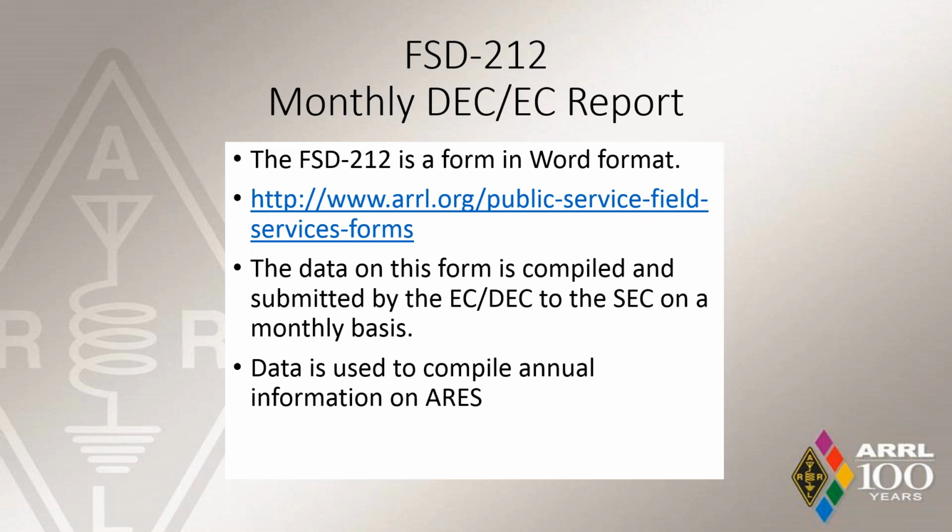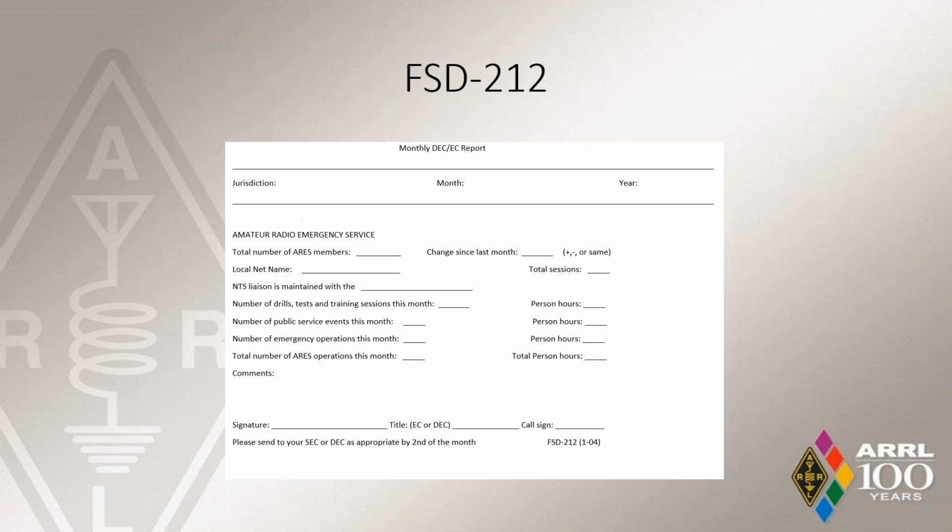Now, the data on this form is submitted by the ECs and DECs on a monthly basis to the SEC. And as you will see in the next slide, it looks somewhat familiar. Now, data is used to compile the annual information on what is happening in ARES.